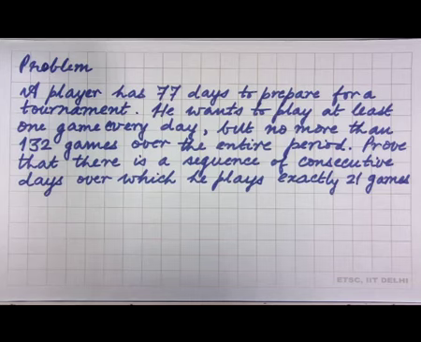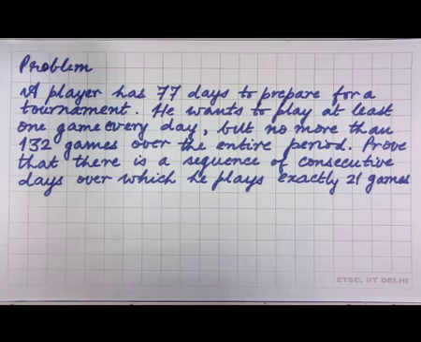He has, and these numbers are cooked up so that things work out, 77 days to prepare for a tournament. He needs to be in shape, so he needs to play at least 1 game every day. That is condition number 1. At the same time, he doesn't want to tire himself out, and therefore he decides that he will not play more than 132 games over the entire period of 77 days leading up to the tournament.